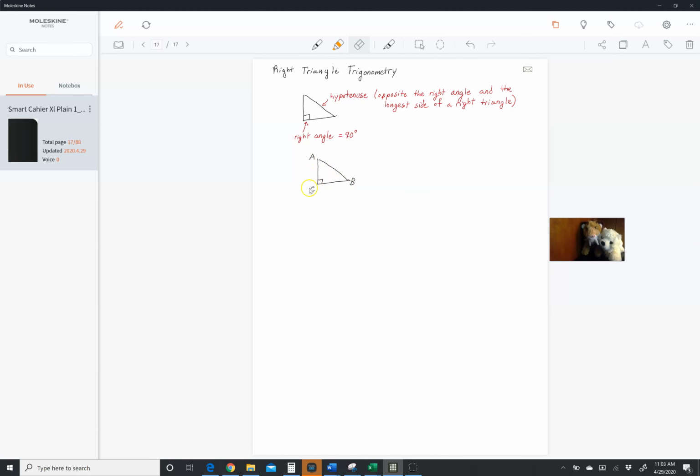If we took this side away, you would still have an angle A. Opposite angle B, we have side B. And again, if we erase this side, you still have an angle B. So that's how we know what's opposite. And that means that this side is side C.